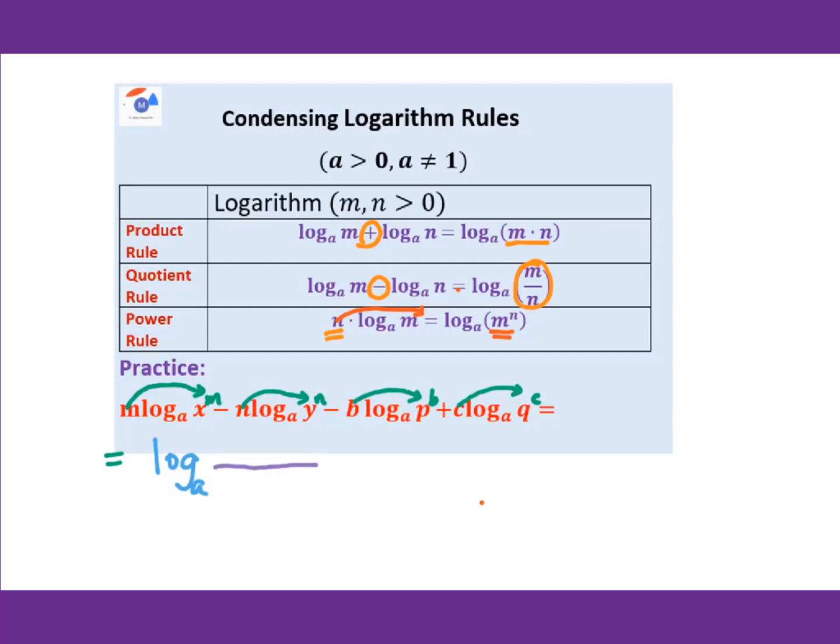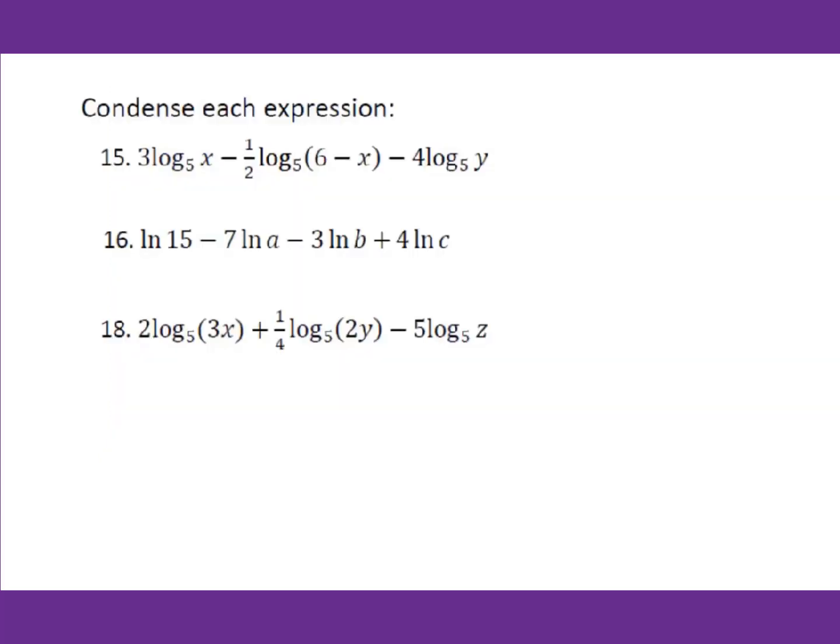Positive goes to the top of the division line as a numerator. So we got x to the mth power times q to the cth power. Minus or negative goes to the denominator. So we got y to the nth power times p to the b power. That's all. That's how you condense the log.